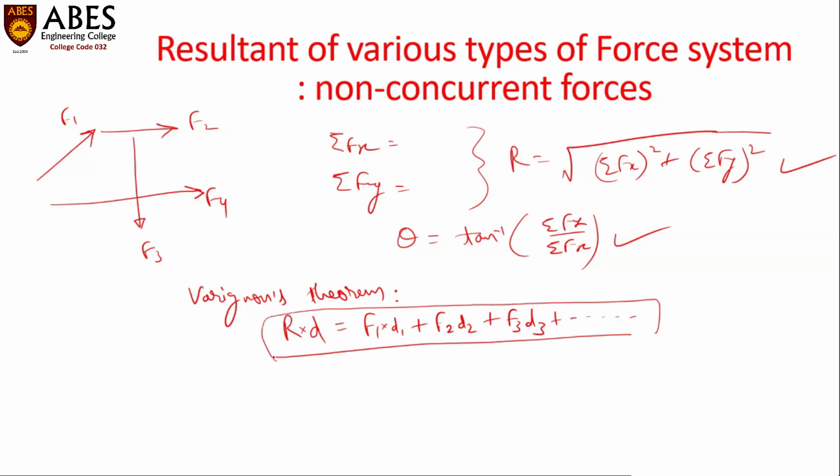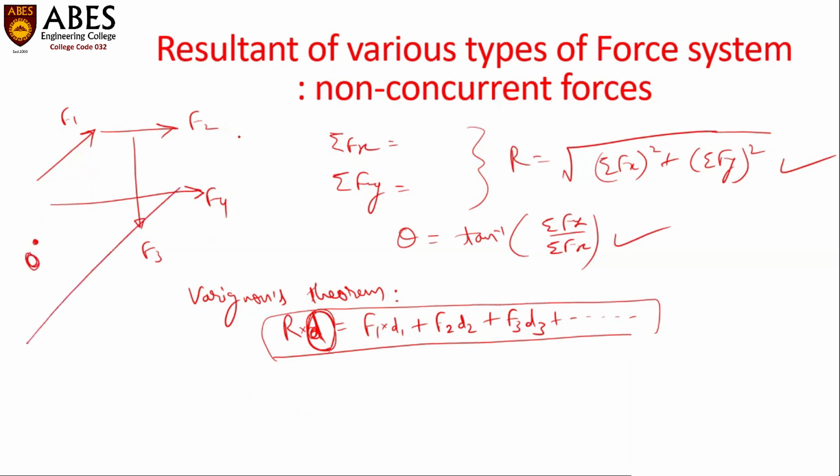We use this theorem to locate or to find the distance D of the resultant. Suppose these four forces F1, F2, F3, F4, and we are measuring the distance from this point. So this is the origin.